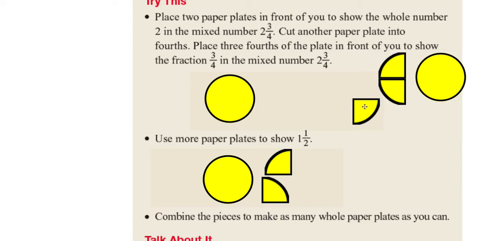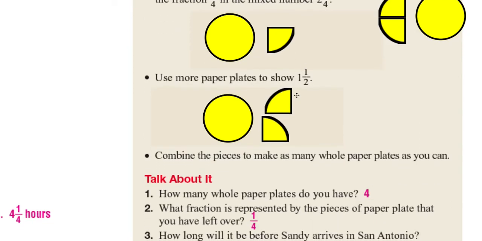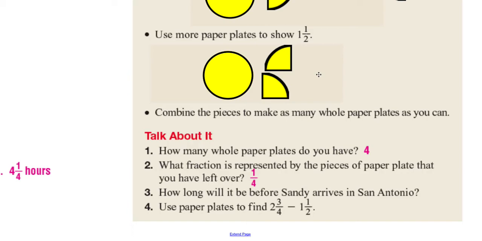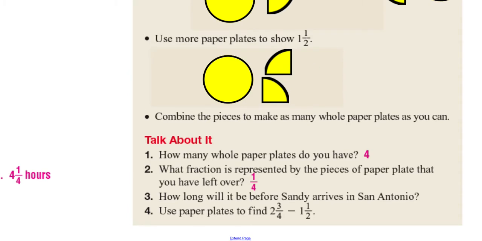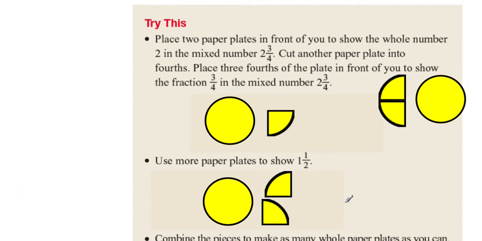This is 1 1/2. If we do that, what's going to be left? 1 and 1/4. So 2 3/4 minus 1 1/2 will give you 1 1/4. And that's how you add and subtract mixed numbers using a model, in this case using paper plates.